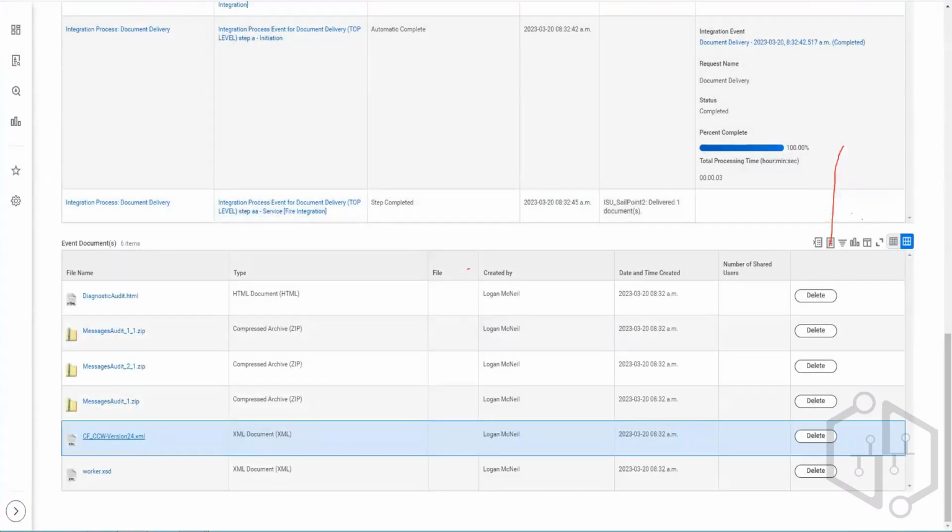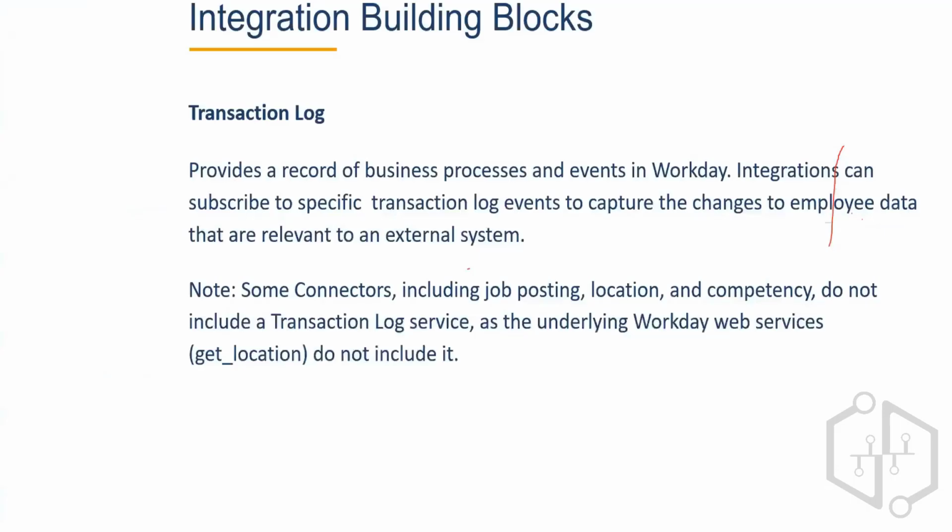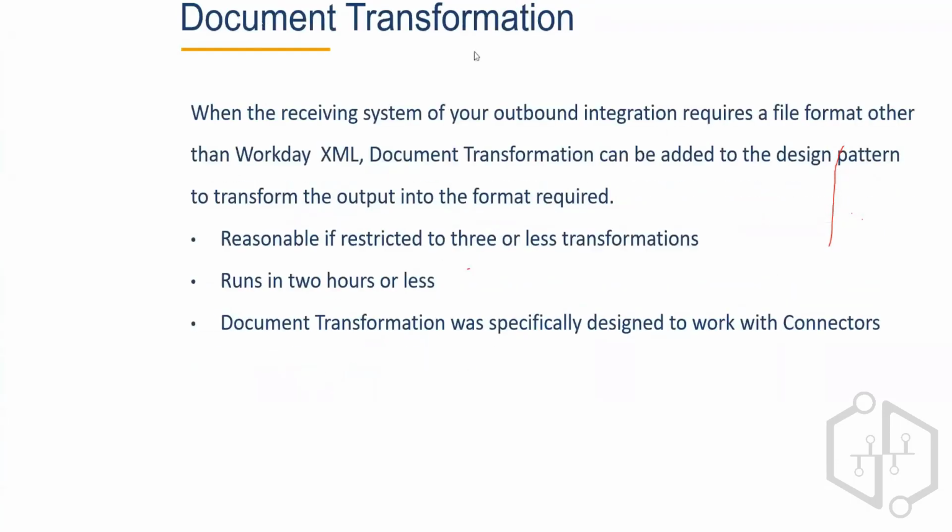Right, so next part of our integration is document transformation. So when the receiving system of your outbound integration requires a file format other than Workday XML, then you need to have a document transformation.